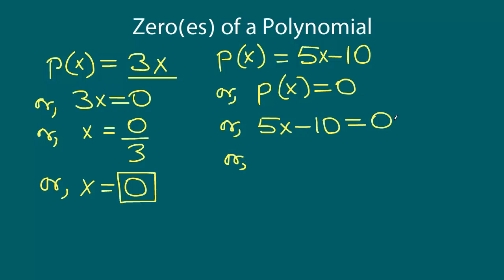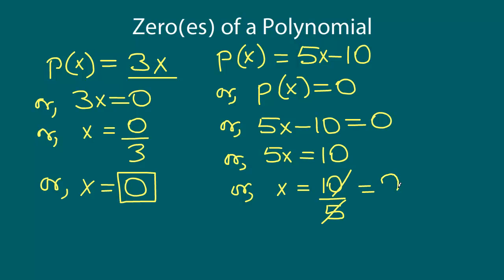We move the 10 to the other side, so we get 5x equals 10, and we divide both sides by 5. So we get x equals 10 divided by 5, and this is simply 2. So for this particular polynomial, the number 2 is the zero of this polynomial.